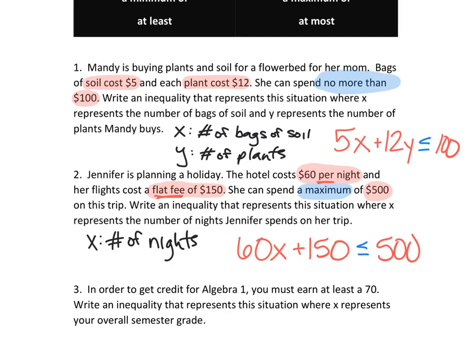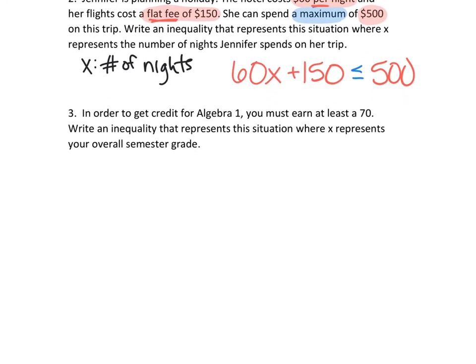Speaking of your life, this one's super relevant. It says, in order to get credit for Algebra 1, you must earn at least a 70. Write an inequality that represents a situation where x represents your overall semester grade. So x is your overall grade, and we know that your grade must be at least a 70.